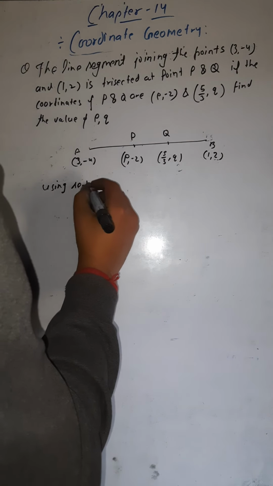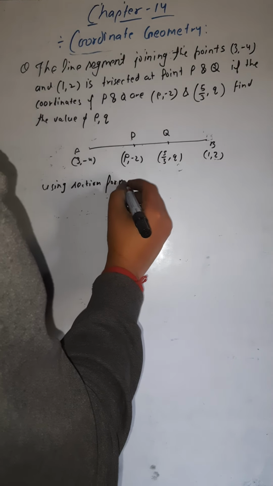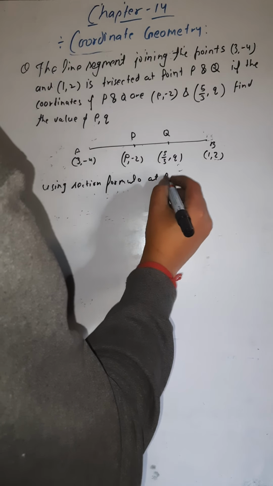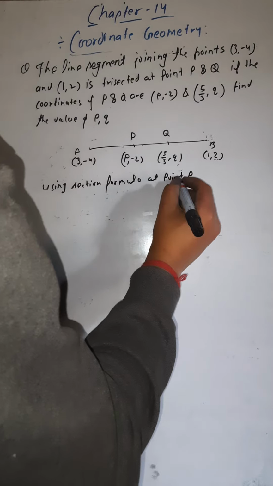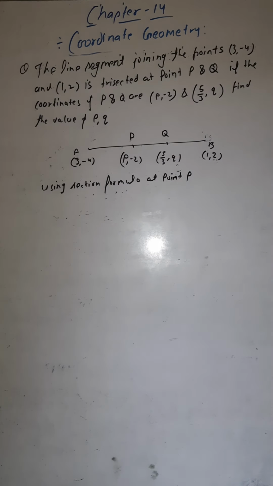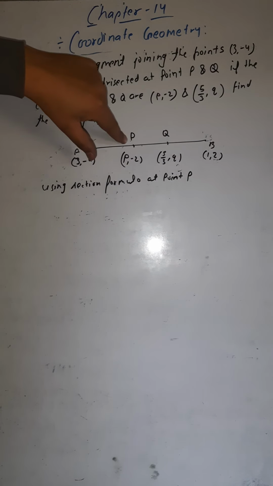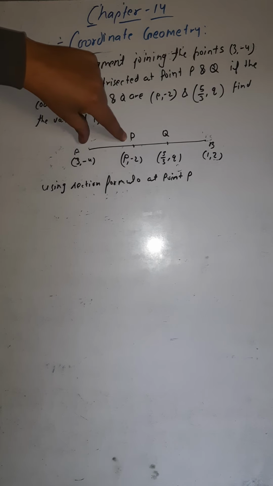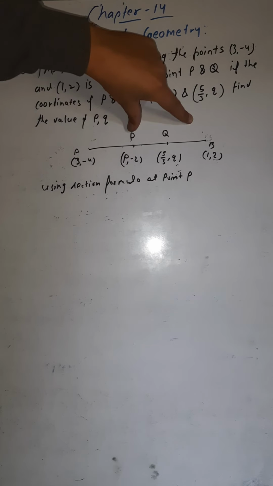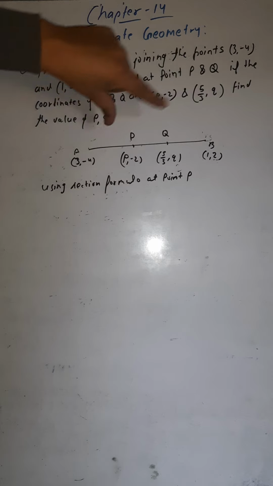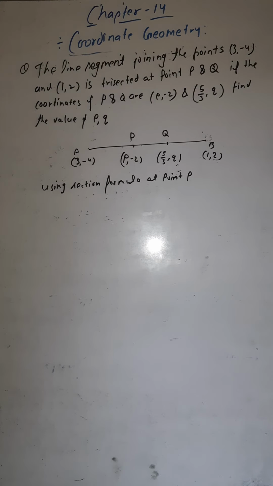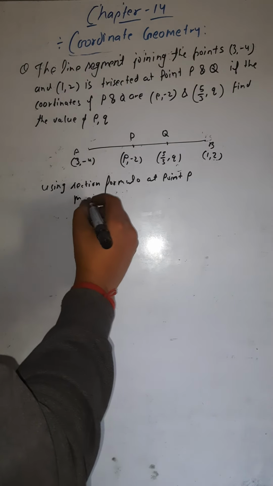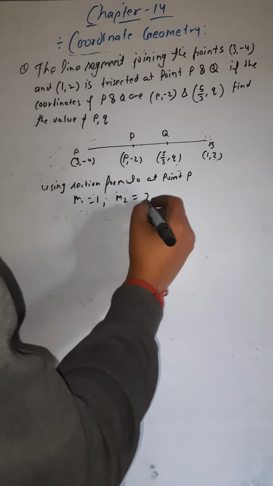Using the section formula at point P. So what would be the value of M1? M1 is 1 and M2 is 2 parts here. So M2 is 2. Okay, so M1 is 1 and M2 is 2.